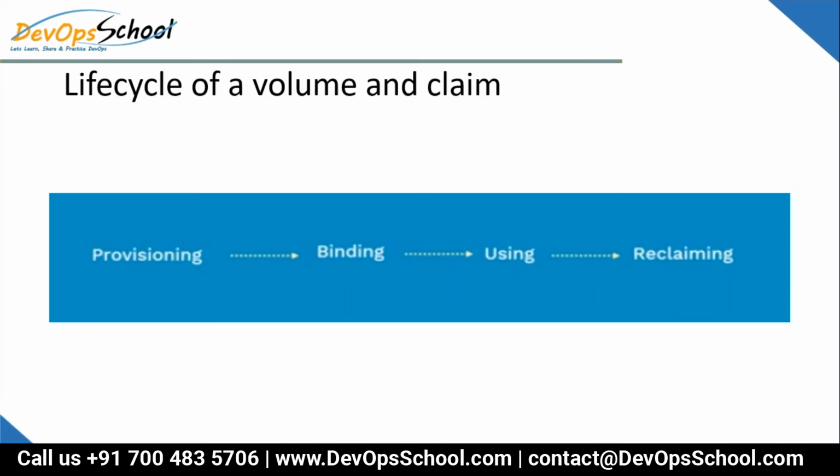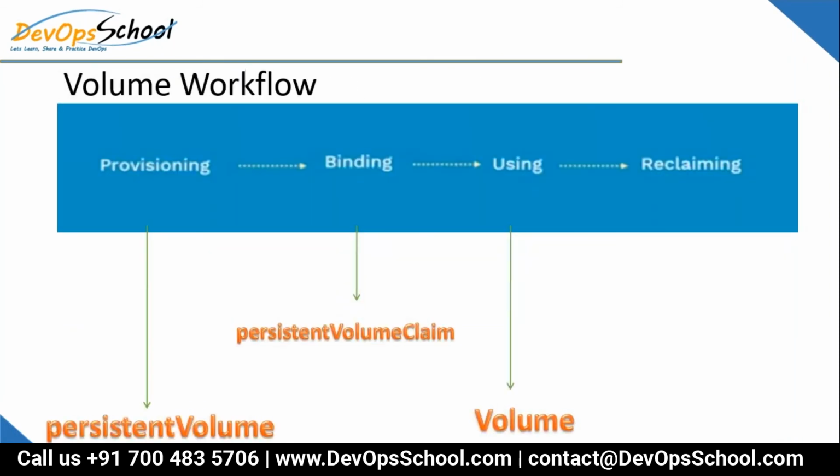So look at this: provisioning, binding, using, reclaiming. Persistent volume PV is provisioning, PVC is binding, volume and volume mounts is using. Reclaiming we are not discussing because ultimately you want the persistence.